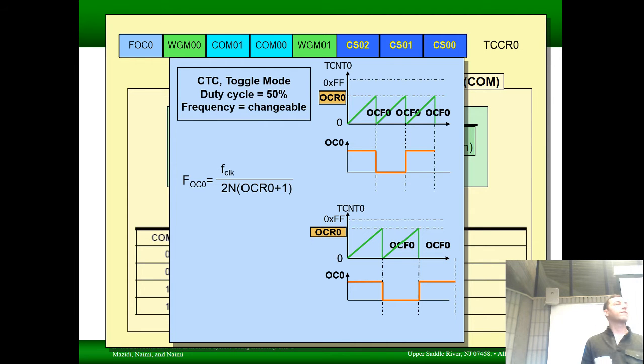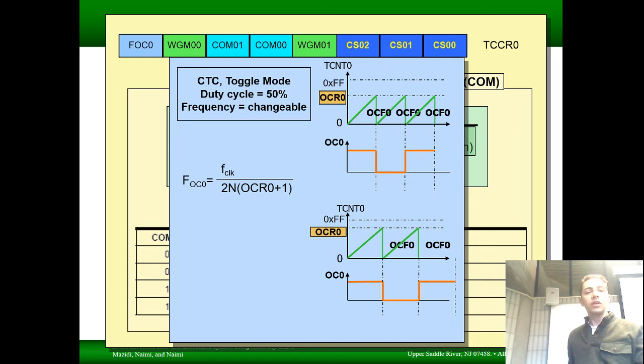What does that mean for our frequency? If our period is large, our frequency is quite low. If our output compare register value is smaller, that means the time between events will be smaller, and that means that the frequency will be higher.